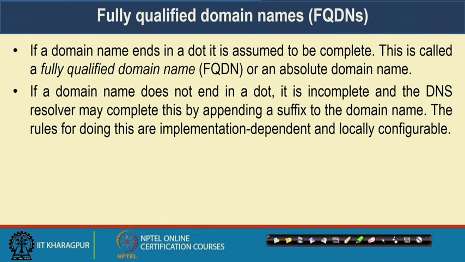If I see only csc.iitkgp, this is partially qualified, that means you require something to make it fully qualified. If a domain name does not end in a dot, it is incomplete, and the DNS resolver may complete it by appending a suffix to this domain. The rules for doing so are implementation dependent and locally configurable. So, the DNS server can make it fully qualified before going to the others.